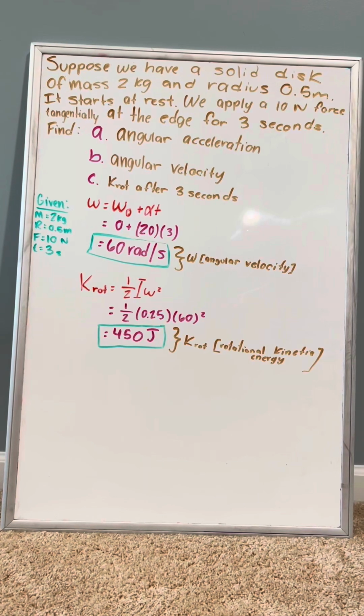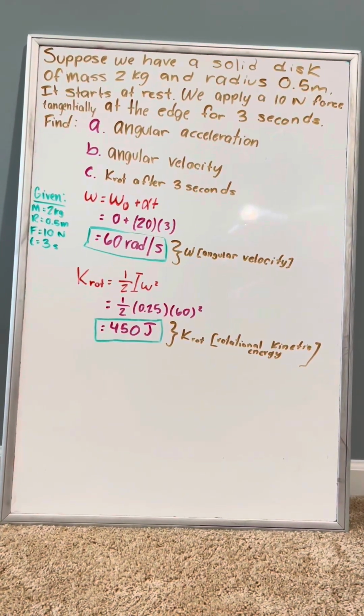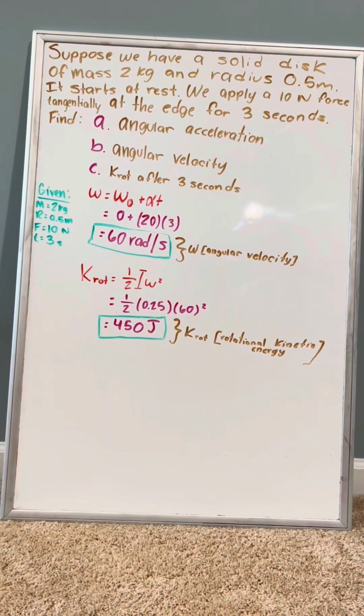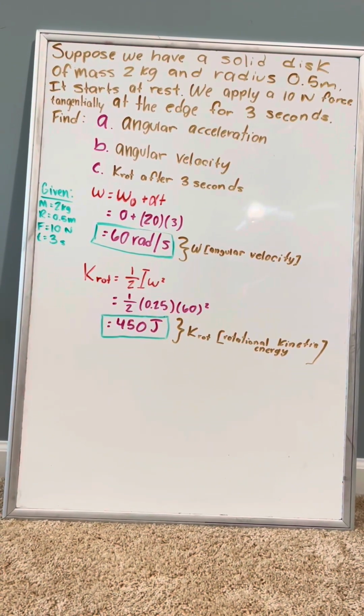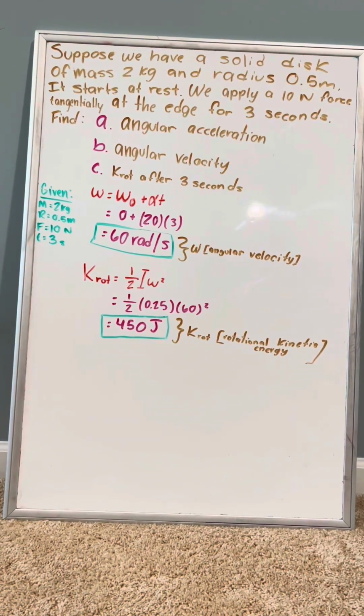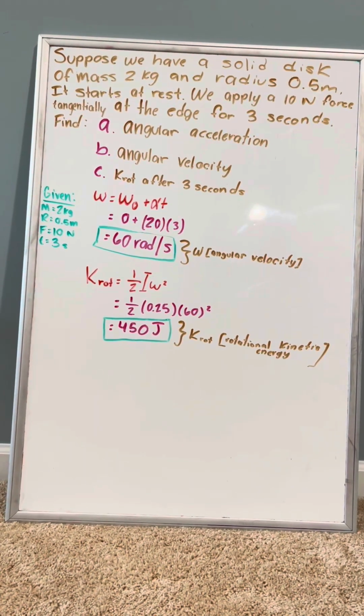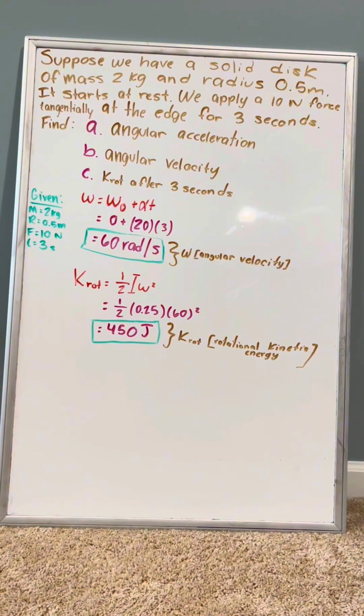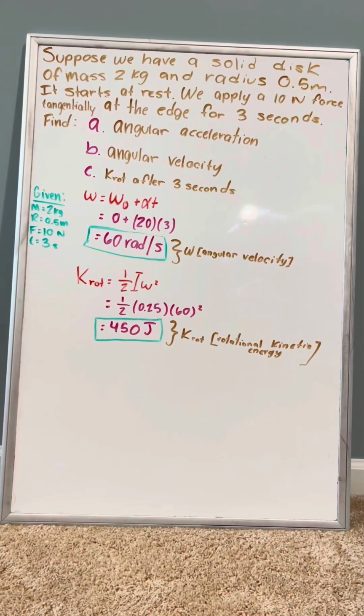To find the angular velocity, we used one of the new kinematics equations, omega equals initial omega plus alpha t. We substituted the given values, 20 for the acceleration that we found earlier, and 3 for time, to get 60 radians per second, which is the angular velocity.